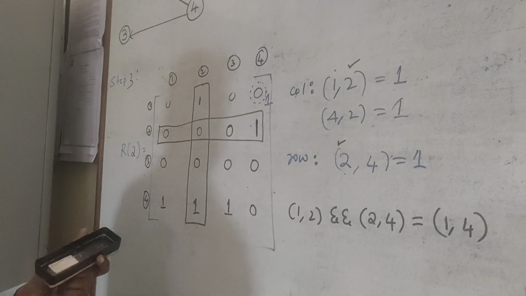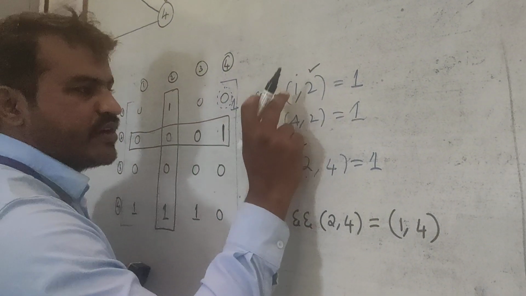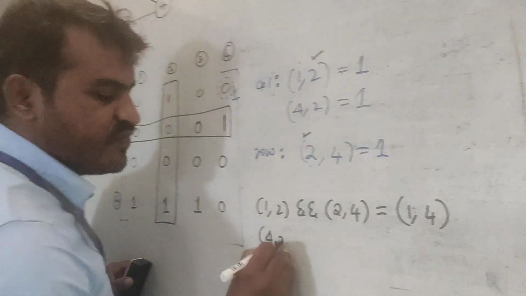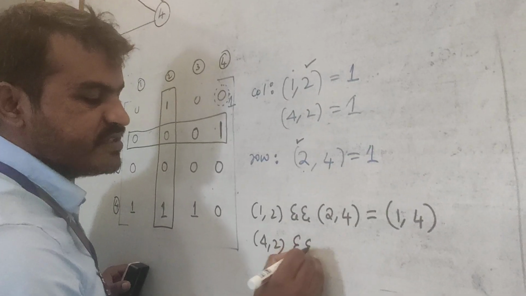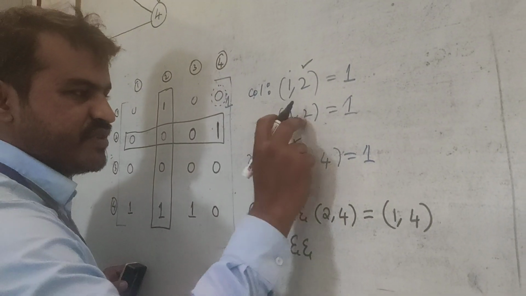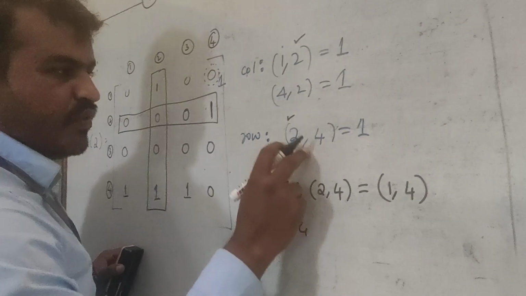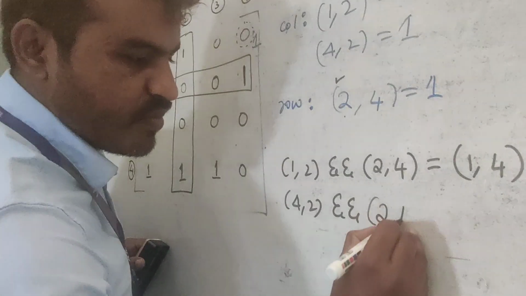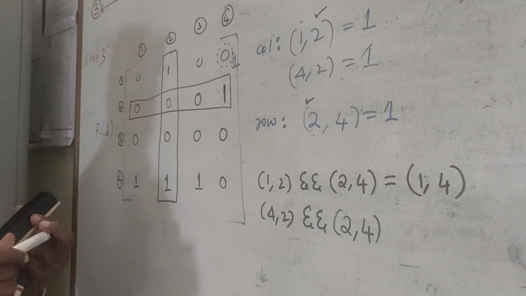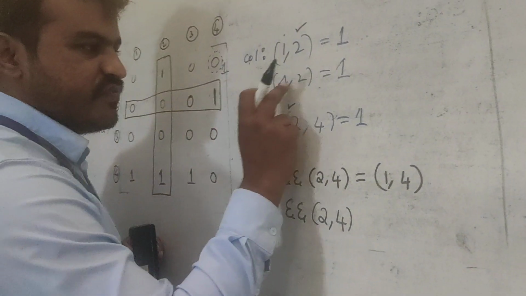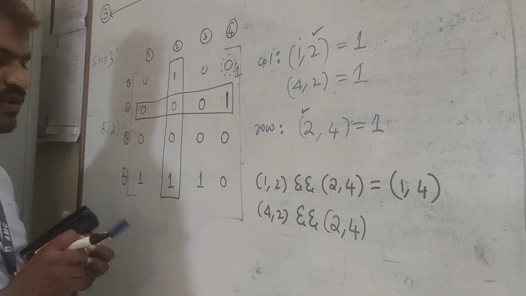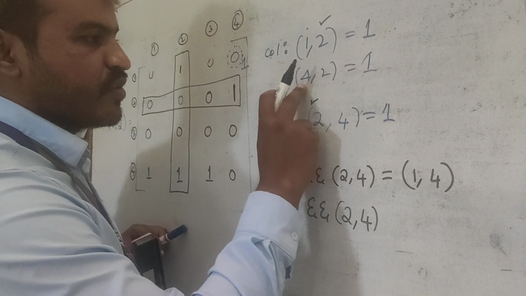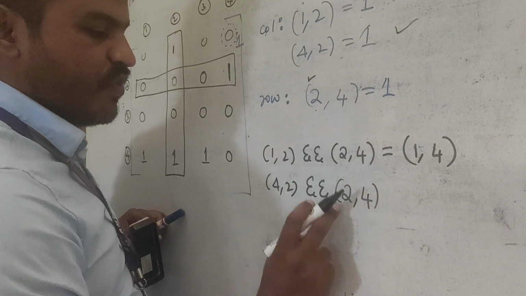Next is the combination. 1 comma 2 is over. 4 comma 2. There is a path existing 4 comma 2, and take the combination column wise to row wise. 4 comma 2, 2 comma 4. There is a path existing 4 comma 2 and 2 comma 4.